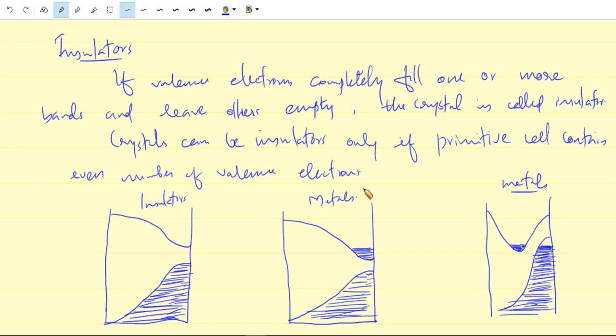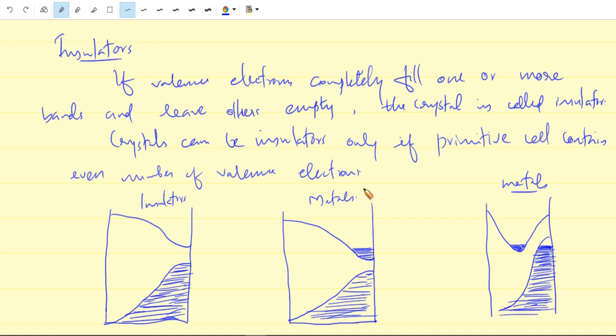The alkaline earth metals have two valence electrons per primitive cell. So they could be insulators, but they are metals, because the bands overlap in energy to give metals.